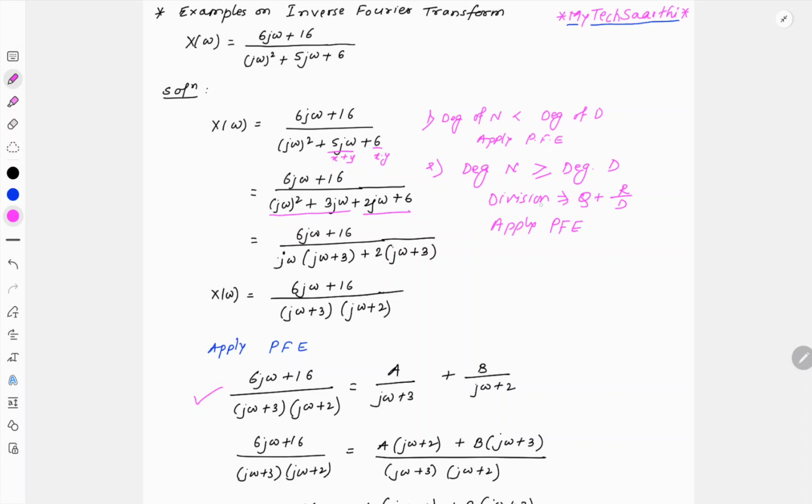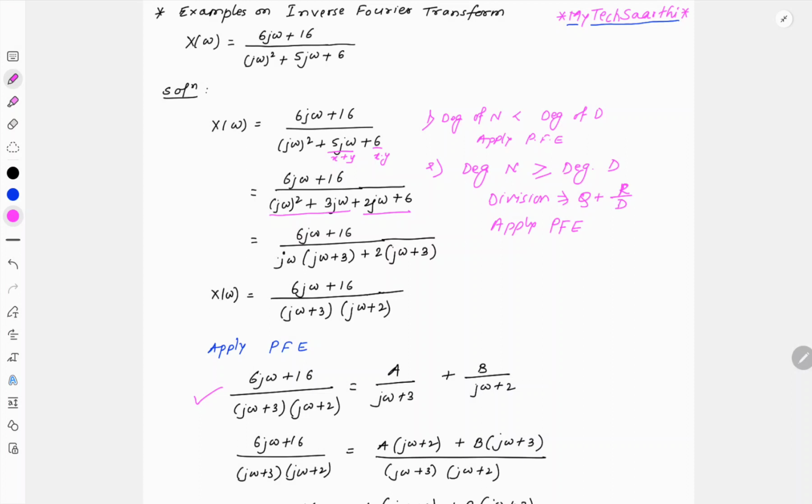So divide the numerator polynomial by the denominator polynomial using normal division, and continue the division until the remainder polynomial has a degree less than the divisor polynomial, and then apply the partial fraction expansion.